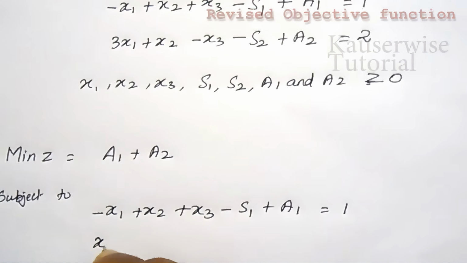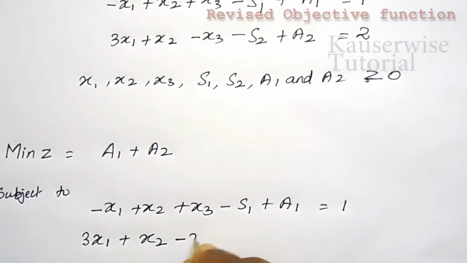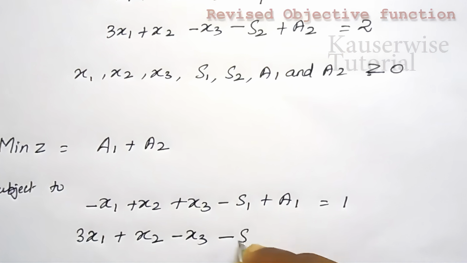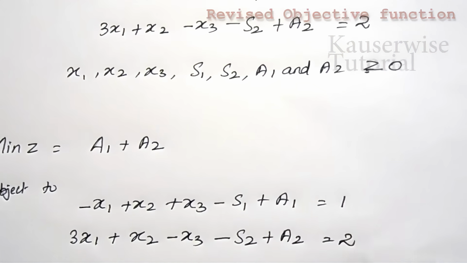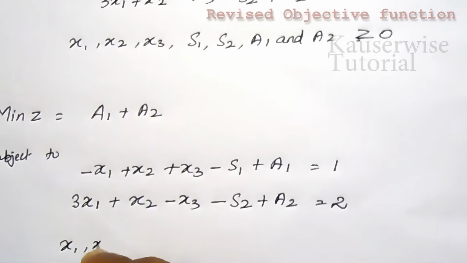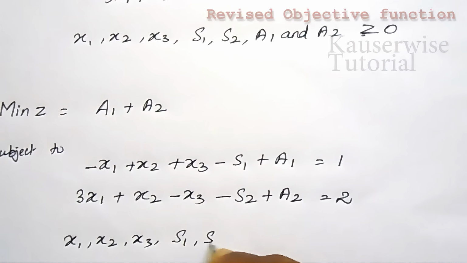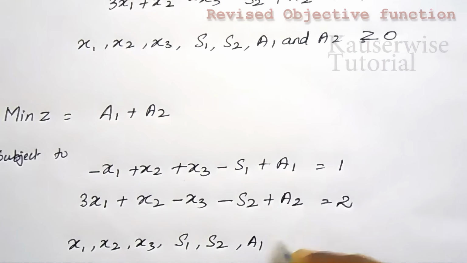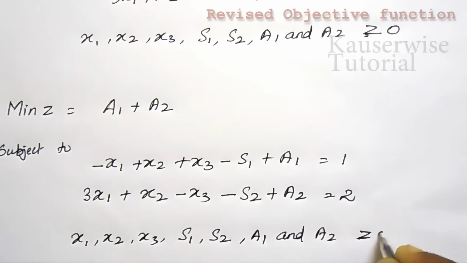Second constraint, 3x1 plus x2 minus x3 minus s2 plus a2 is equal to 2, and x1, x2, x3, s1, s2, a1 and a2 greater than or equal to 0.